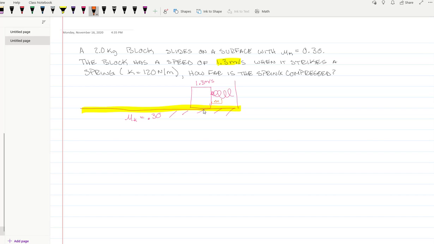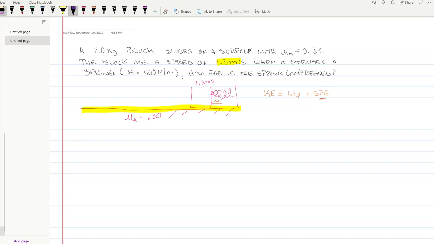So initially, when I first come in contact with this spring, I have kinetic energy. What's that kinetic energy going to go into? Well, it's going to go into work from friction plus my spring potential energy, so I'm compressing it. I'm going to come to a stop at the end, so I don't have any kinetic energy on this side of the picture.